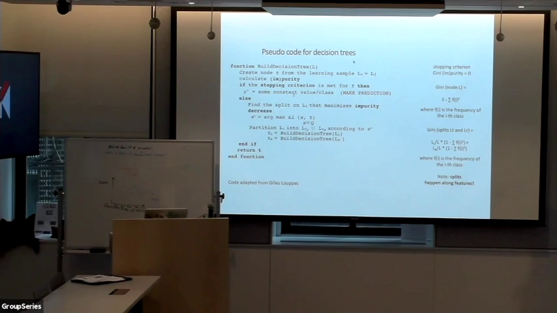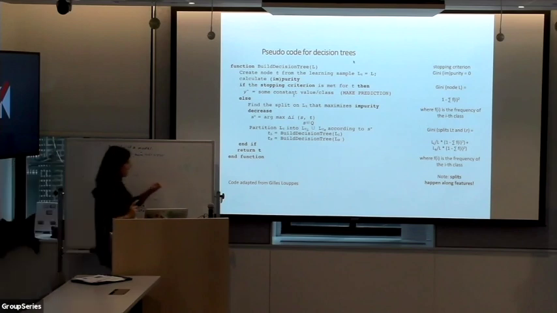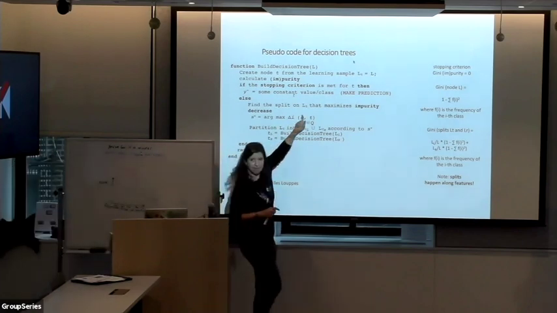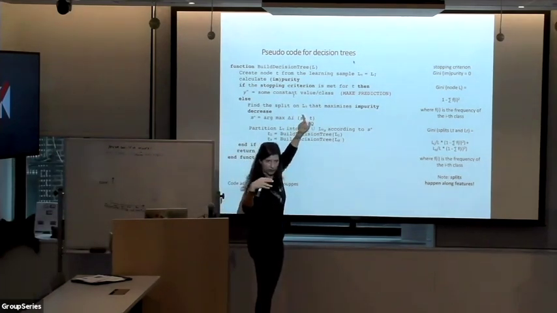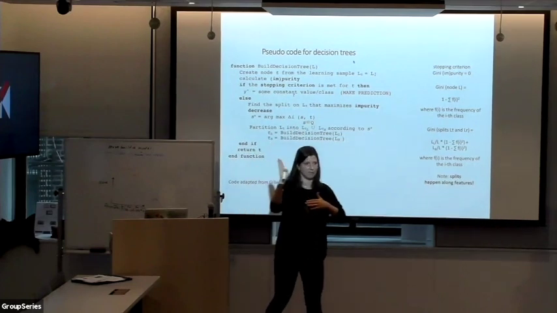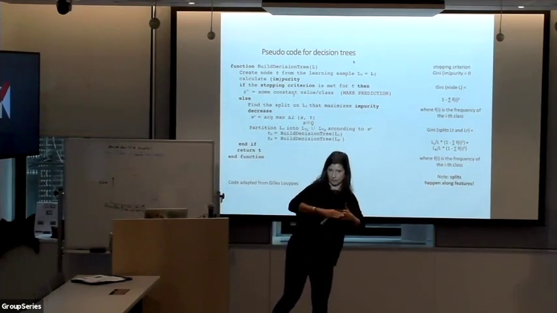For now, if we want an infinitely deep tree, we'll set this at 0, which means that unless I've reached a perfect solution in which each one of my boxes is pure, meaning its Gini impurity is 0, because they are all in one class, so it's 1 minus 1, giving a 0 result, I'll keep going. In this case, I will look at all the possible splits on all the possible features. For my 2-feature data set, it means all the vertical lines and all the horizontal lines.